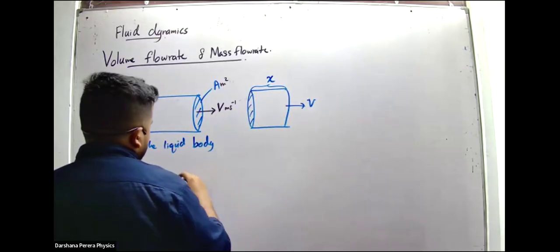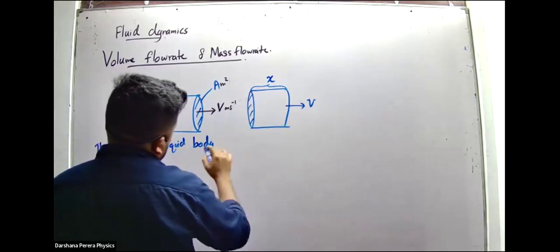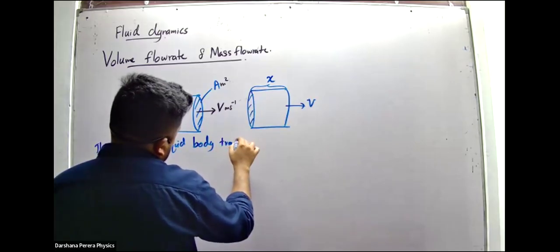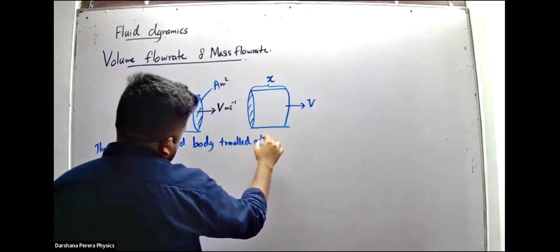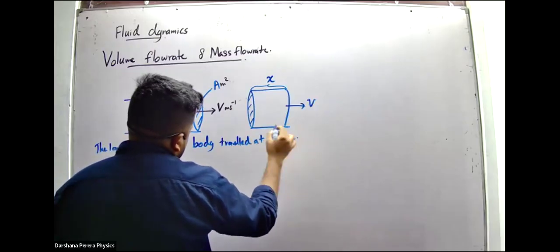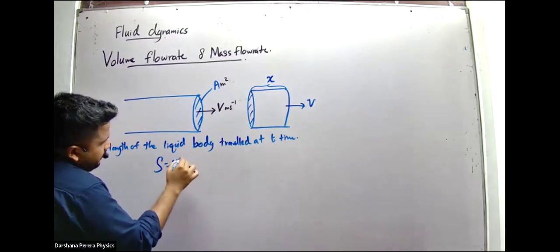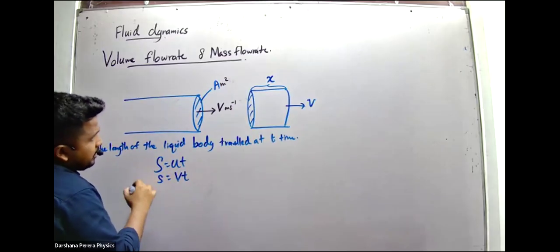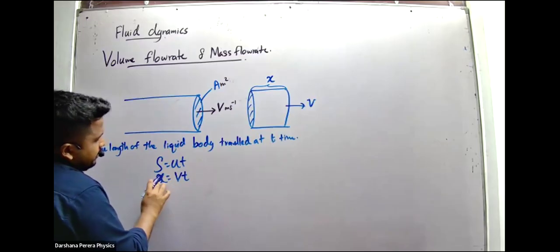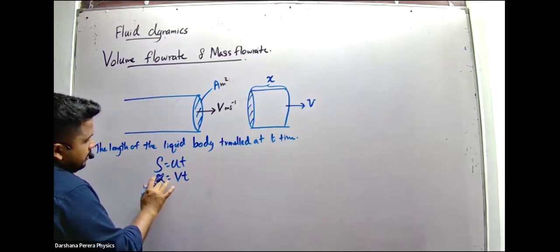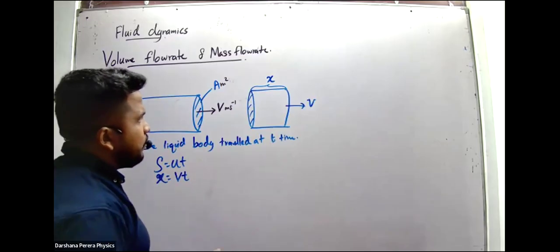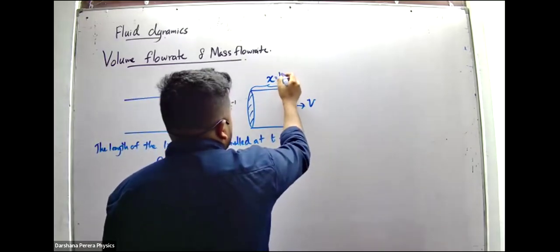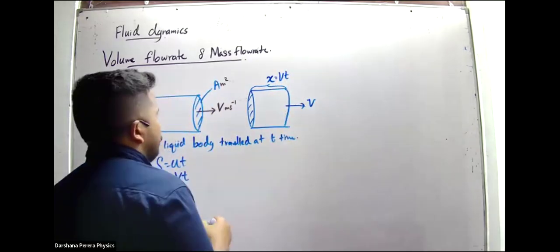At time t, I can apply S equals ut, S equals ut means vt. X equals vt. So this is called vt.